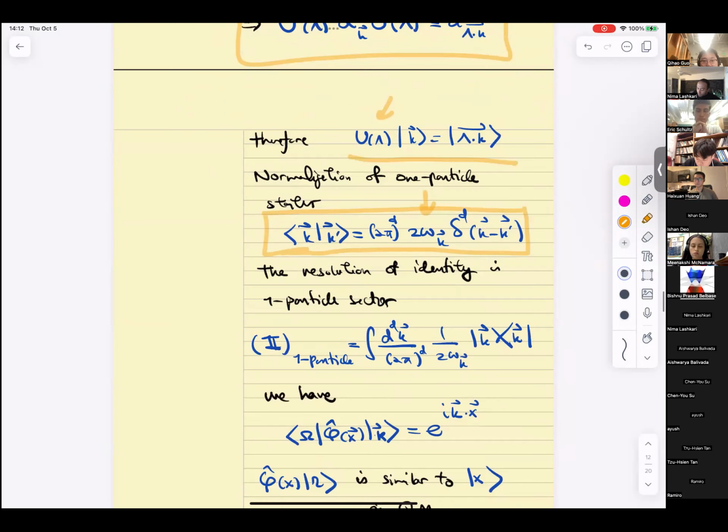Now, the one particle Hilbert space will have an identity, a projection to the one particle Hilbert space. That projection is precisely this, with this Lorentz invariant measure. You could test that by applying this identity in the middle of this.